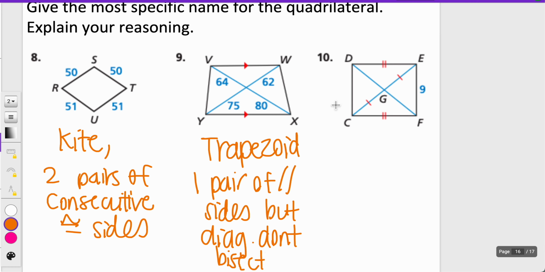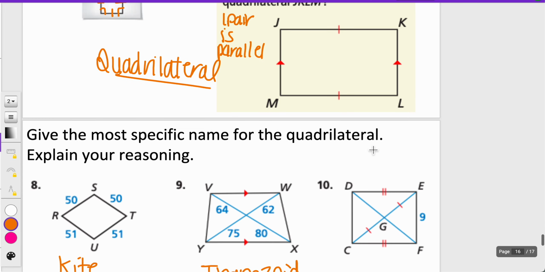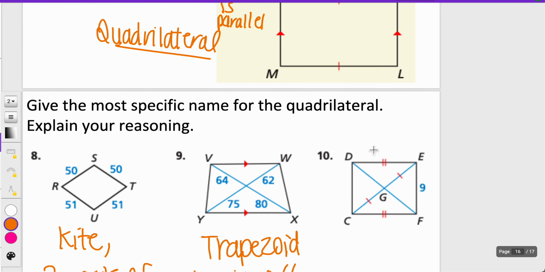This last one, number 10, we know that this one side is 9, but doesn't match the other side. DE is matching FC, and EG is matching GC, but there's not enough information to continue, because remember, for a rectangle, we have to show 4 90-degree angles.